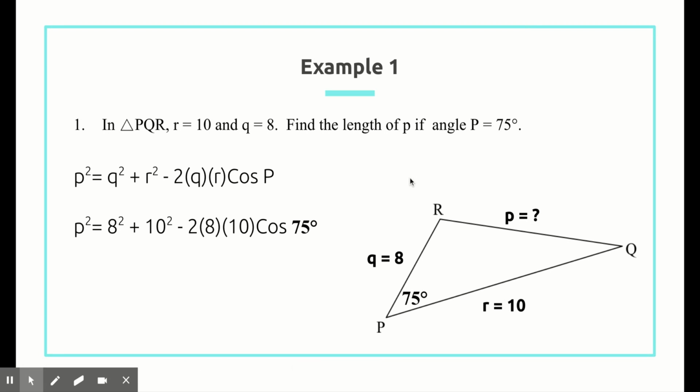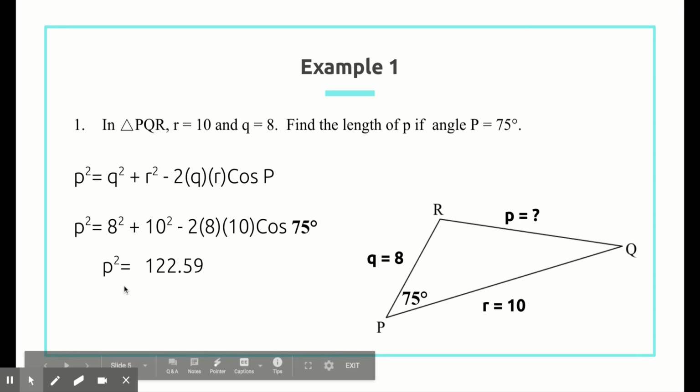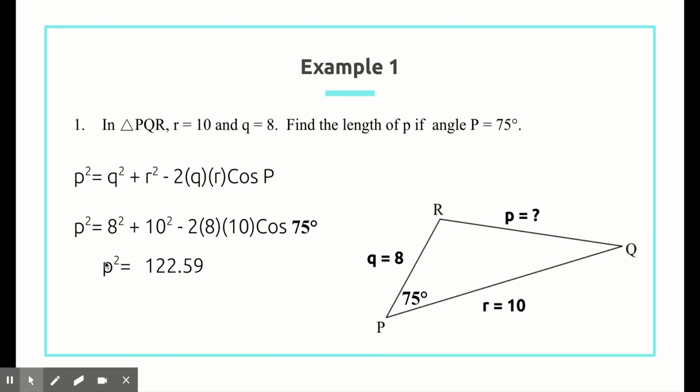If you use the decimal calculator, you'll get p squared equals 122.59. I know this whole length is not 122.59, because we still have a square on this side. To get rid of the square, we square root both sides, so p, once rounded, ends up being 11.